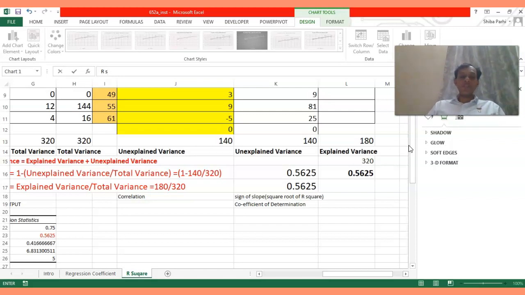From 0 to 0.4, you can say low predictive. 0.4 to 0.7, mediocre. 0.7 onwards, good. So normally the R square should be more than 0.6, but it varies from industry to industry. In marketing, if it is more than 0.7, it is good enough.